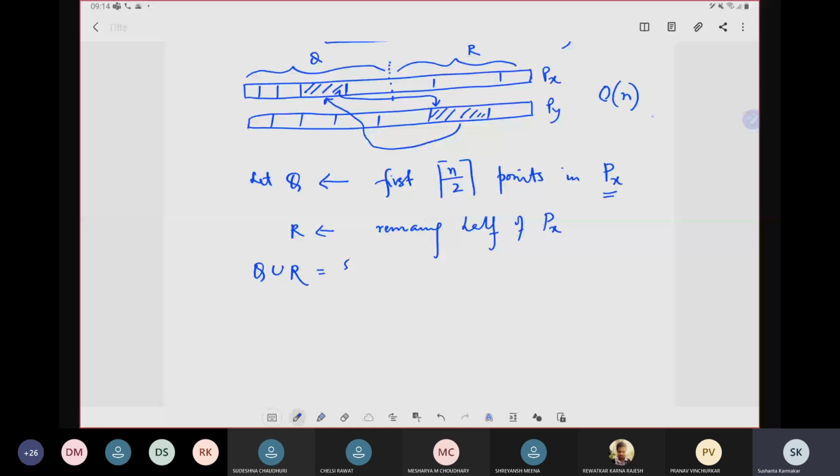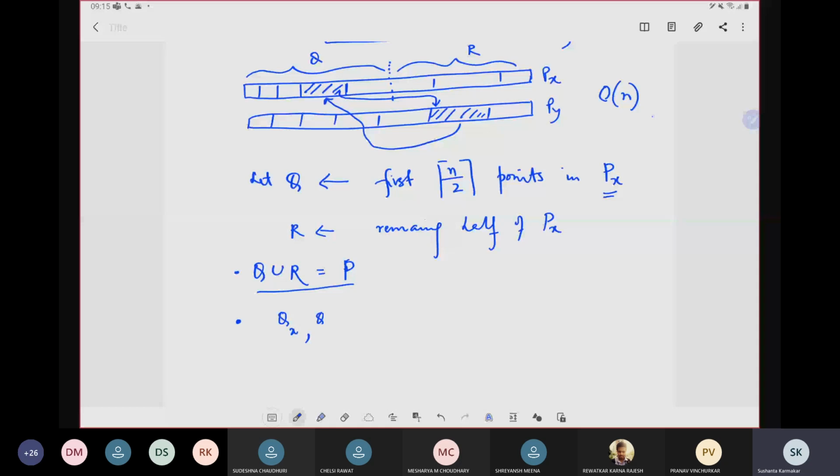Now, what I want from this Q and R is I form a couple of sets. What is that? One is Qx, Qy, Rx, Ry. What is Qx, Qy?